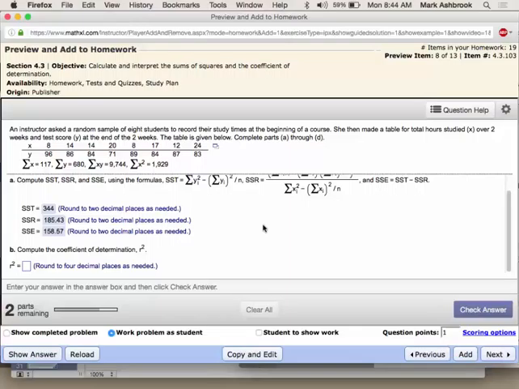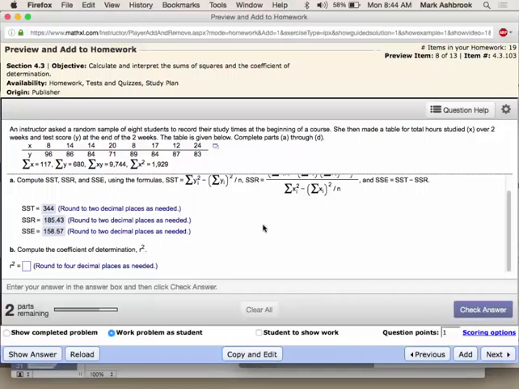And it says 4 decimal places. Because you subtract it, that's how you do it. Does that add up to SST? Or does that add up to equal SST?